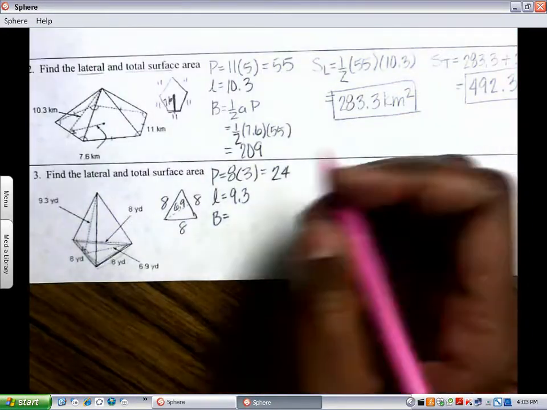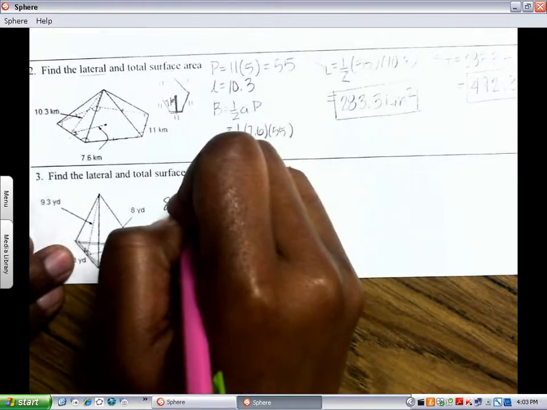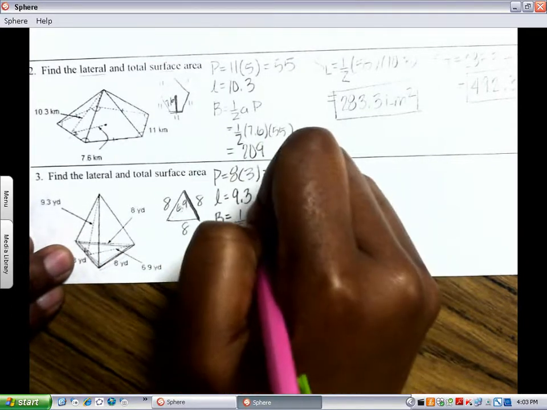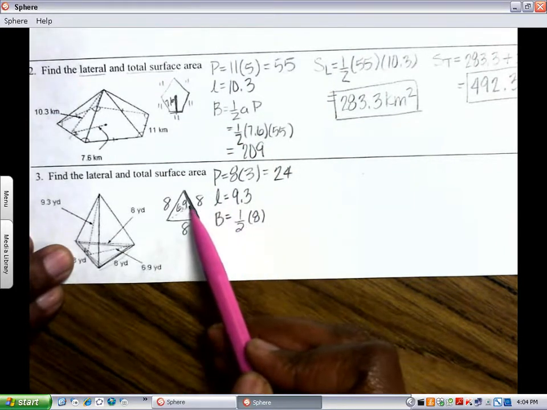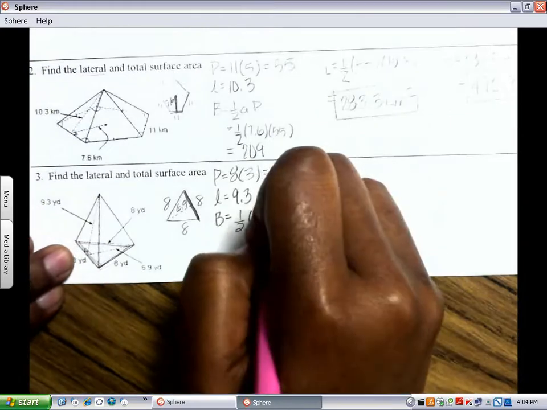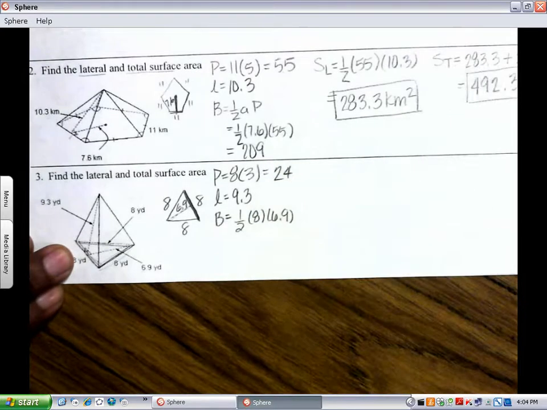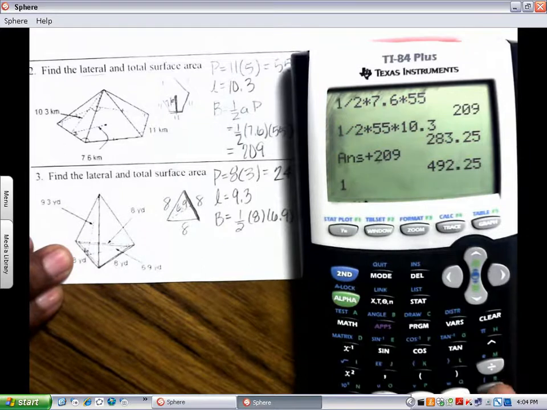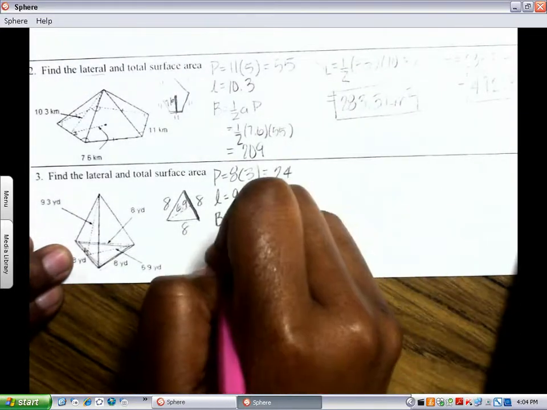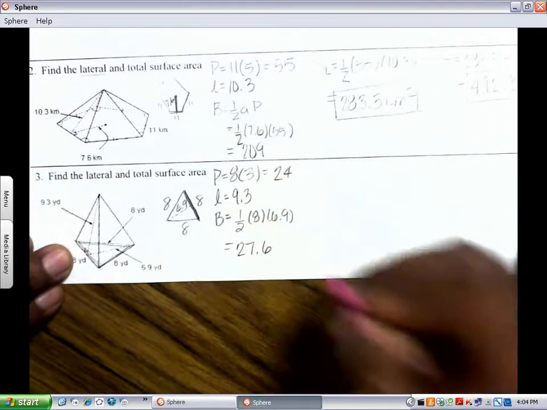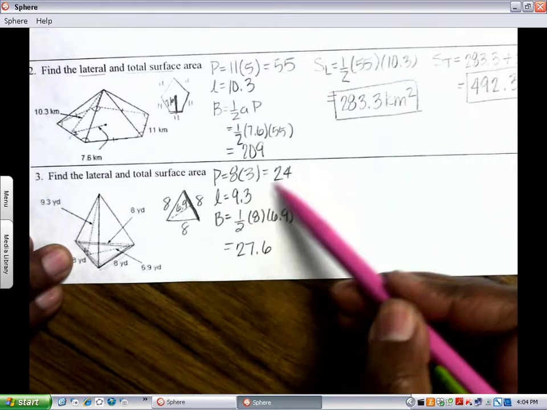So we'll do 1/2 times 8, which would be your base, times the height, which is 6.9. Alright, so we get 27.6. So we have our 3 parts: perimeter, slant height, base area.